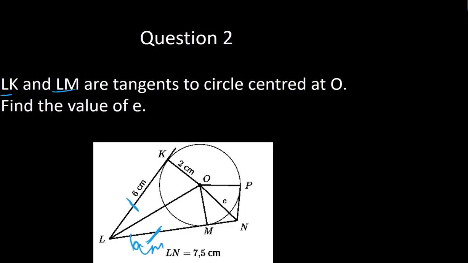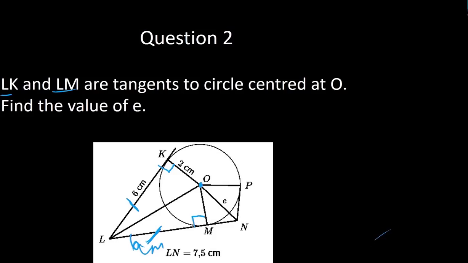They've told you that O is the center of the circle. We know that the line from the center, which is called the radius, is perpendicular to the tangent at the point of contact. So the line from the center of the circle to the circumference, which we know is called the radius, is going to be perpendicular to LK, and similarly OM will be perpendicular to LM.